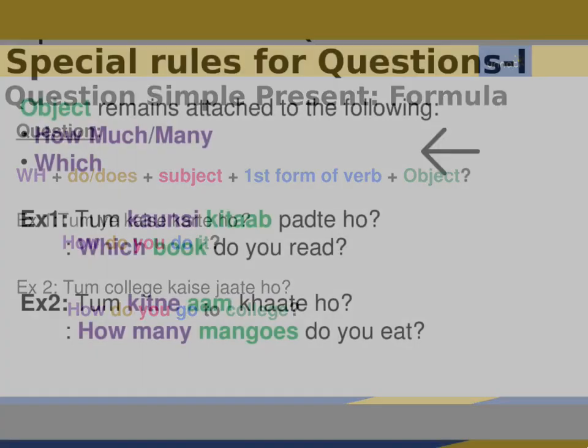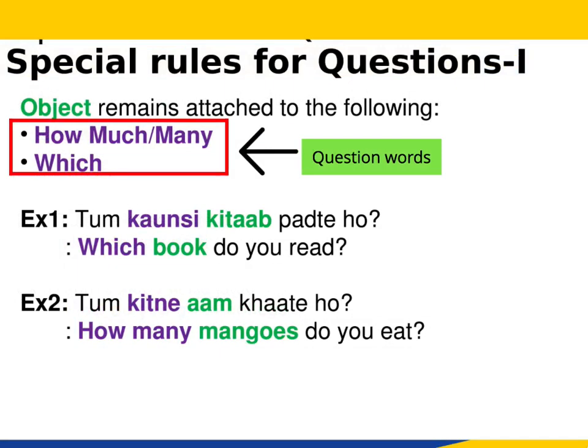So now we are going to look at some special rules for questions. In these cases, object remains attached to the question word or the WH word. So how much, how many or which.